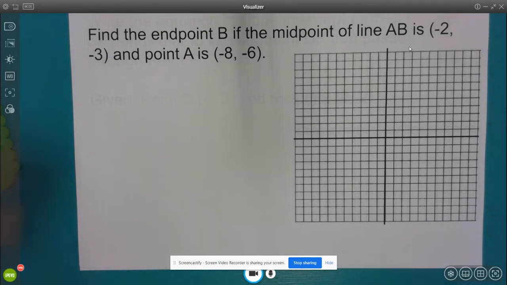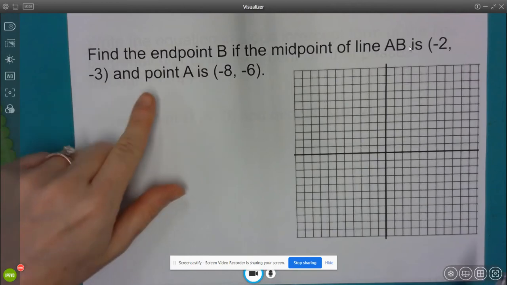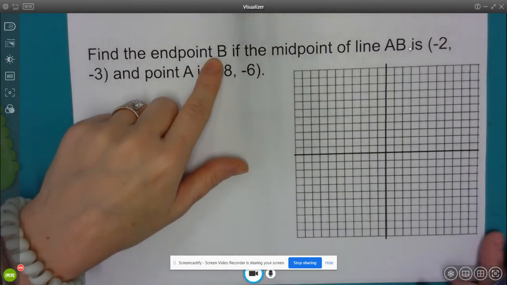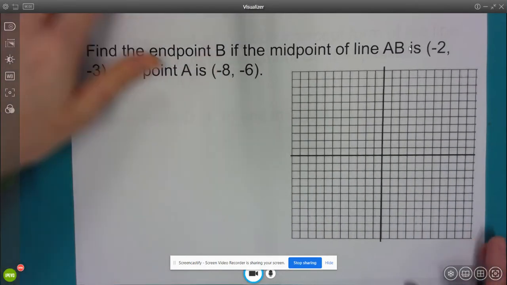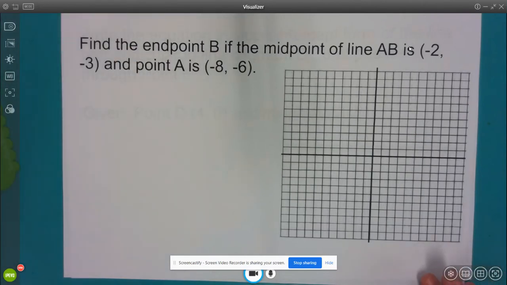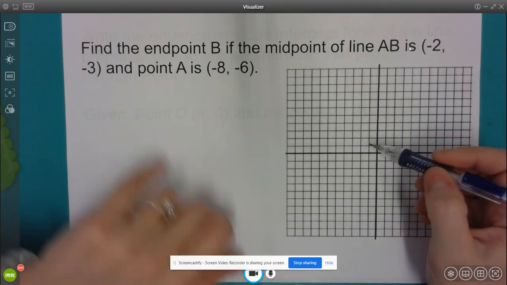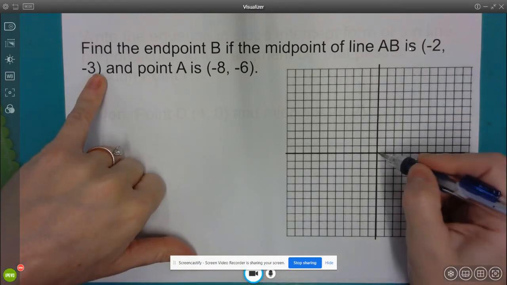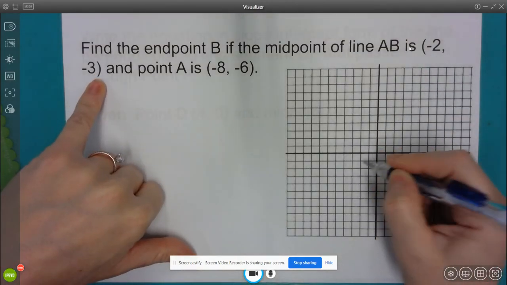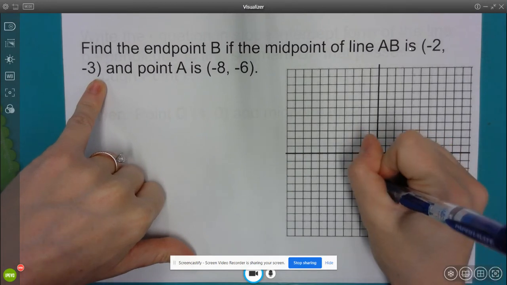Now we have to be careful because they said we have to find the other endpoint. So we're going to set up sort of similarly to our previous question. However, the process is going to be a little bit different this time since I'm trying to find the endpoint. So the midpoint is at -2, -3.